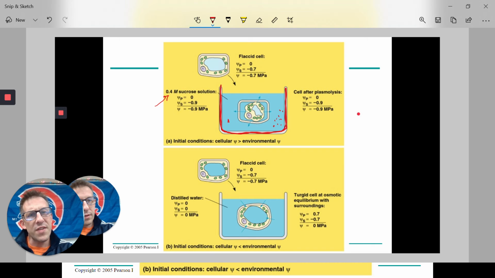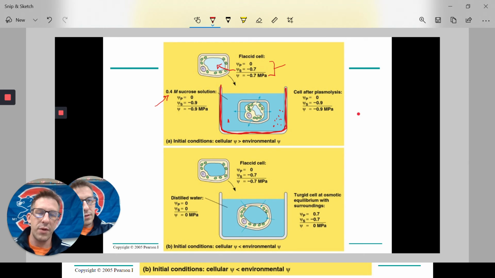And so this cell is described to us up here, okay, with these numbers right here. And so these numbers tell us, again, something about this cell. Number one, that it is taking place in the same laboratory here at Normal Community because the pressure potential is 0. And also that it has some stuff dissolved in it. It has a solute potential, so that means there's stuff dissolved in here.